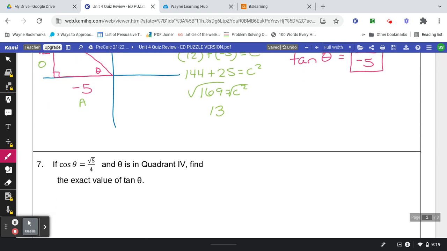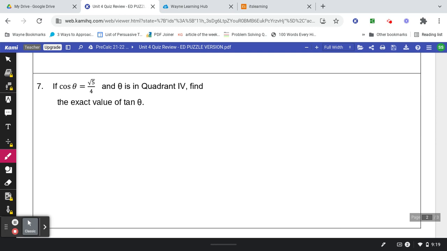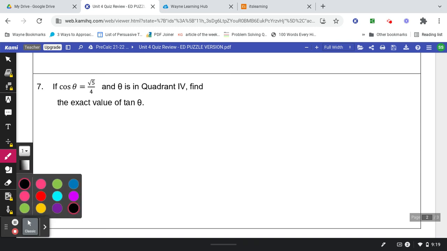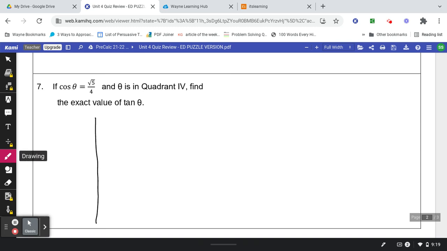Right, our last one, problem number 7. Cosine of theta is square root of 5 over 4, and your angle theta is in quadrant 4. Find tangent. So we'll start by drawing our angle in quadrant 4.